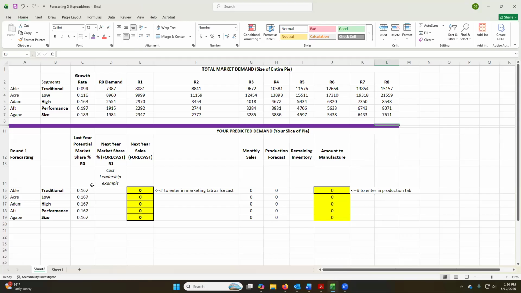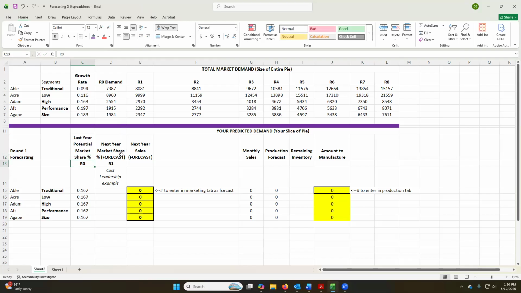Okay, so now let's do this part below the purple line. So the numbers I have, this is for doing round 1 forecasting. So we have last year's potential market share. So what the market share was last year, not last year's actual, actually no, last year's potential market share.